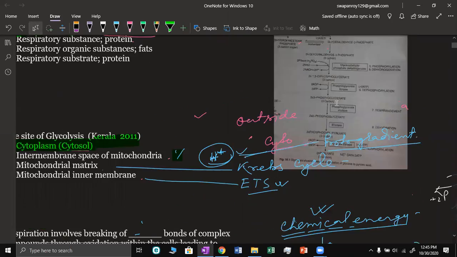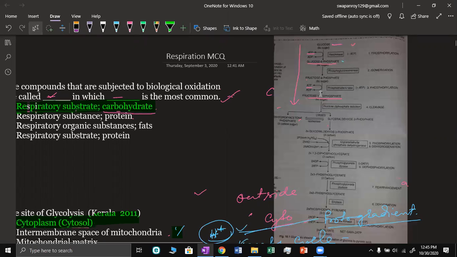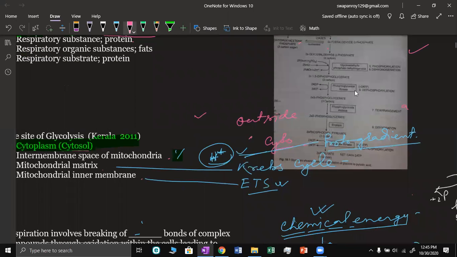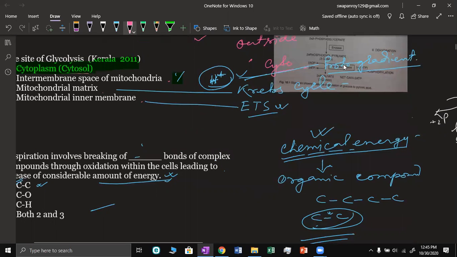This one is glycolysis. See here, glyceraldehyde 3 phosphate is changed into phosphoglycerate or phosphoglyceric acid. Then there is formation of phosphoenol pyruvate, and the end product is pyruvate.